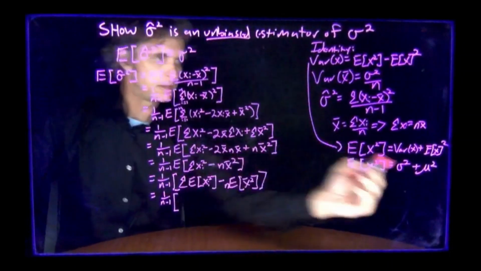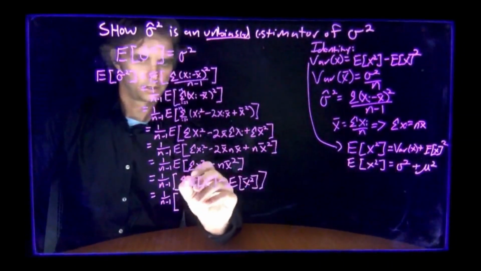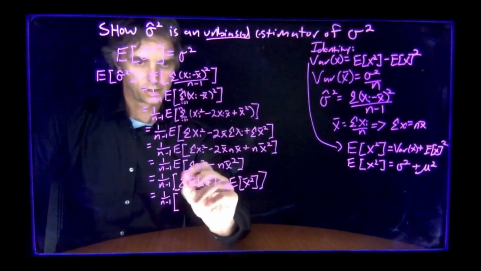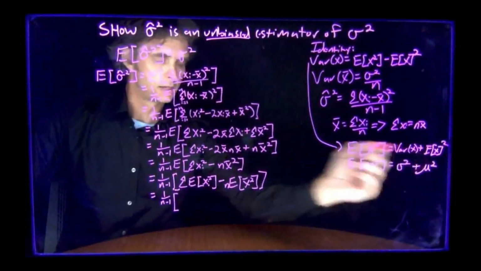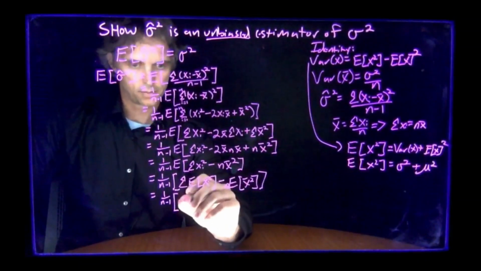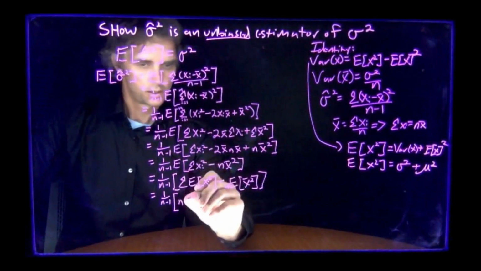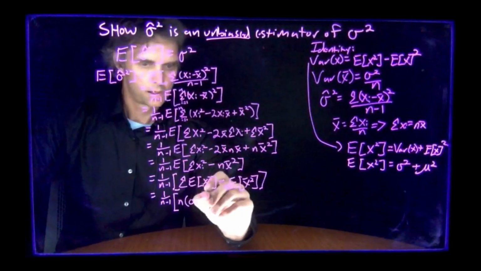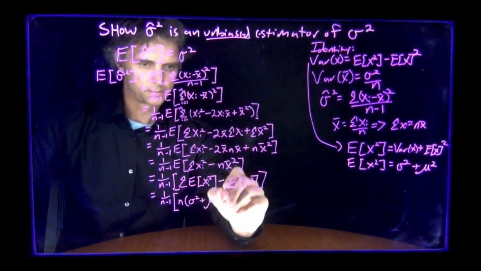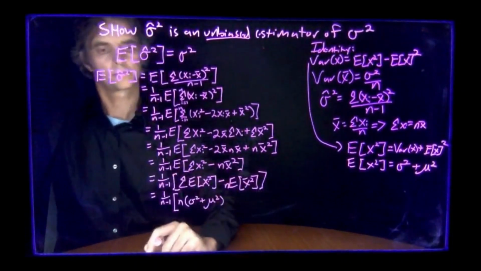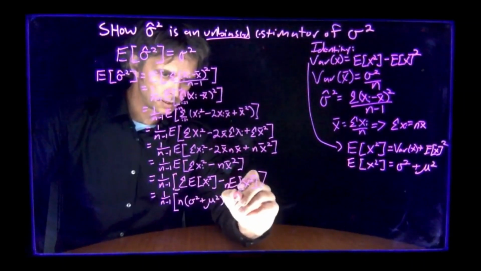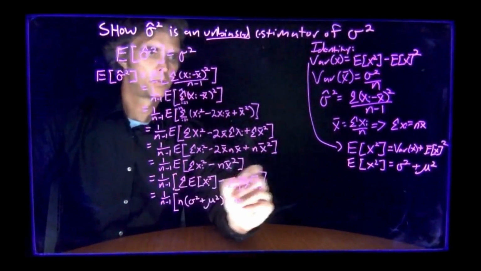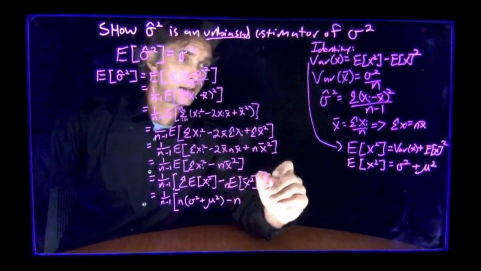So this is going to be n times, because that's the sum of constants, right? Sigma squared is a constant, and mu squared is a constant. So that'll be n times sigma squared plus mu squared. Great. Now, what about this one? This is minus n times, but what is the expected value of x squared?